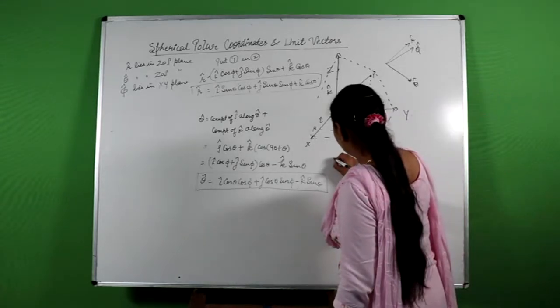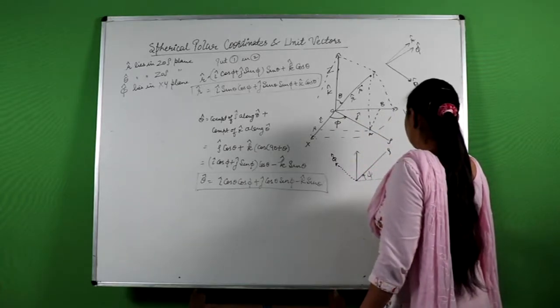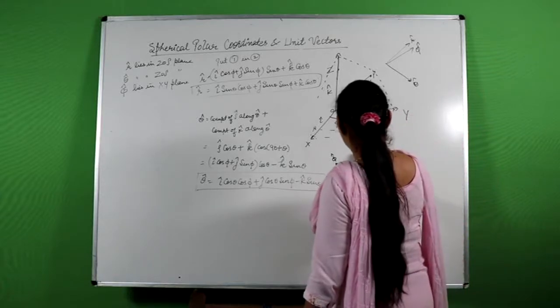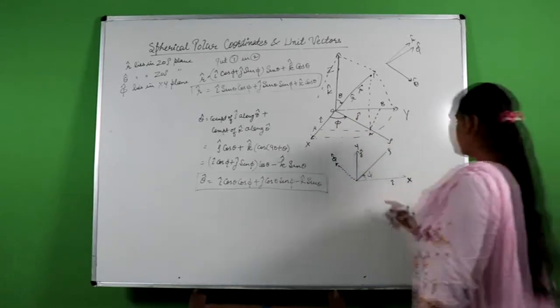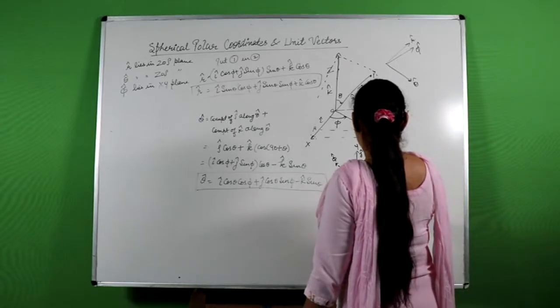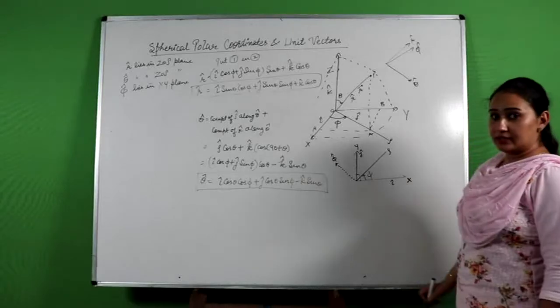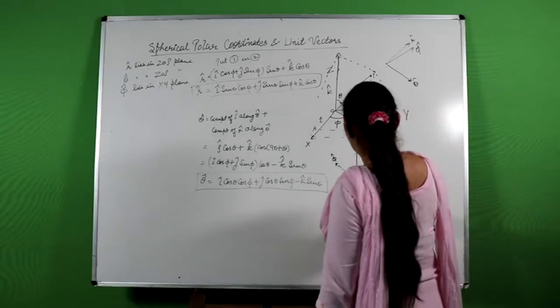This will be my phi cap. This is my x, i cap. This is my y, j cap. Now the total angle between i cap and j cap is 90.